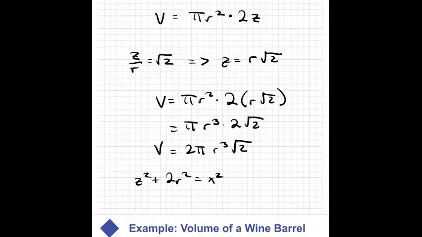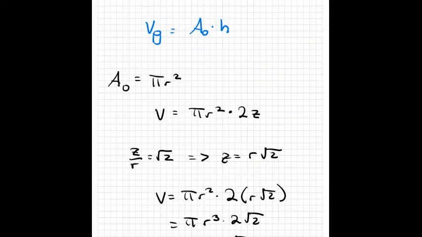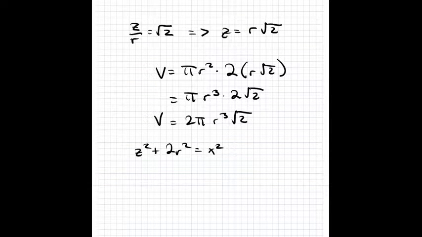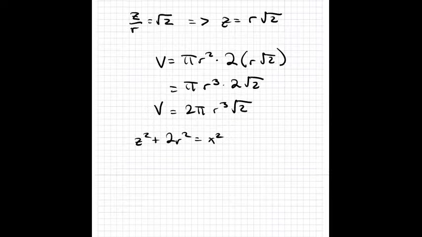Let me add a page. I'm trying to keep it as simple as possible. We have z in terms of r, so let's go ahead and make that substitution and simplify. It's going to give us 2r squared plus 2r squared equals x squared.